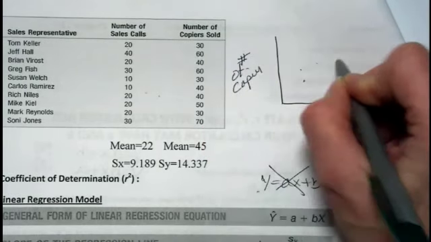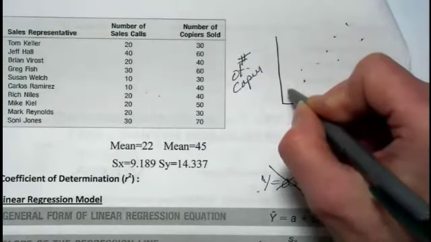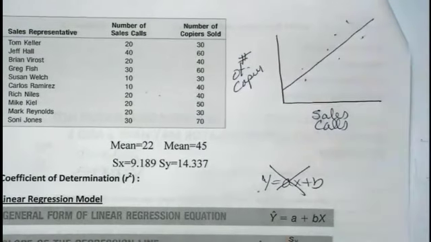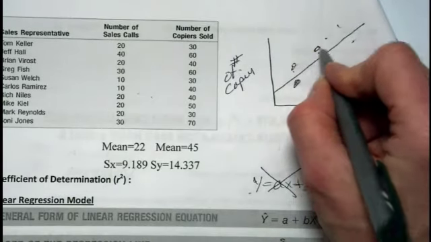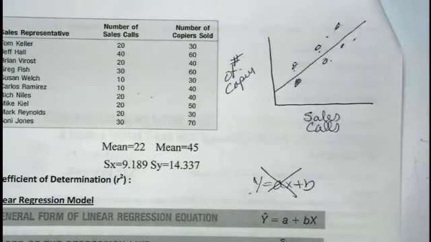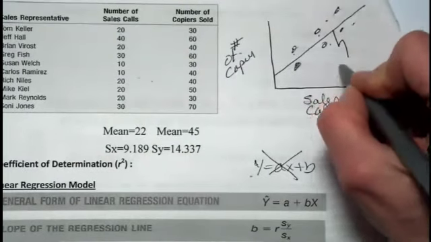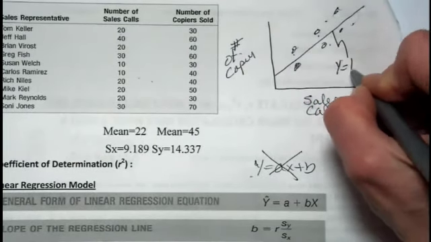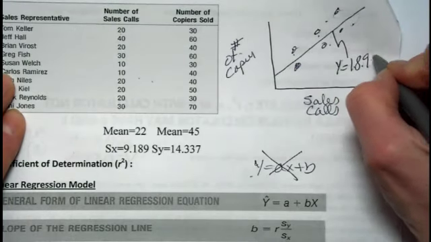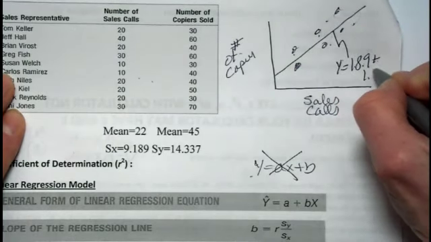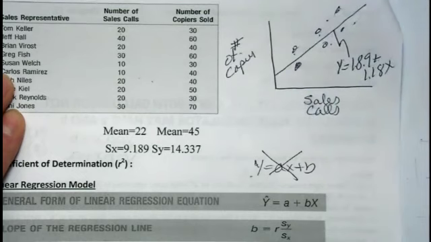And if I do my 10 data points, I have a line here from my 10 data points. I'll make them a little darker here so you can see them. This line is y equals 18.9, I'm going to round it off here, plus 1.18x. That's the equation of the line.